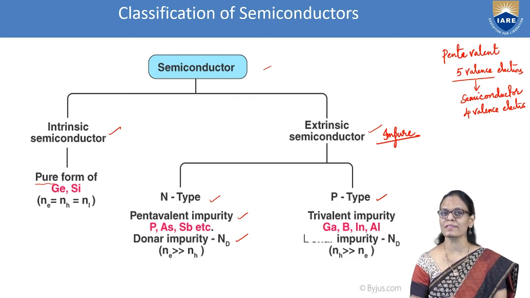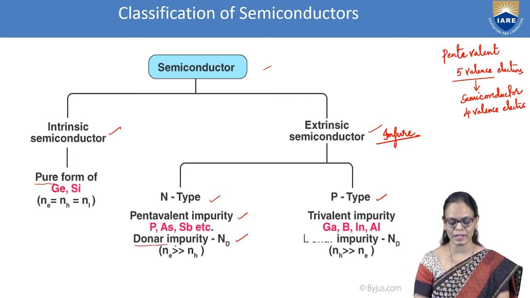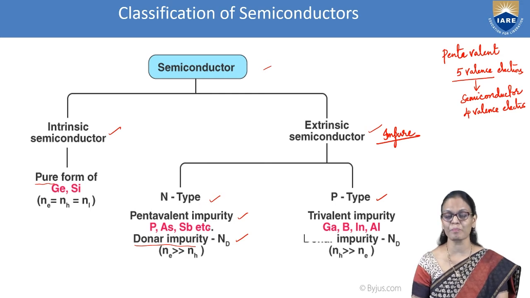To attain a stable configuration, it needs 8 electrons. So 1 electron is always extra and available to donate. So it acts as a donor impurity. In N type, the impurities we add are donor impurities and their concentration is denoted by Nd. Nd here denotes donor.